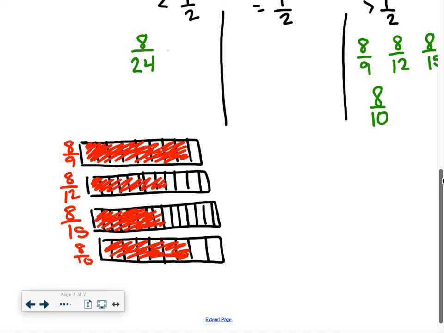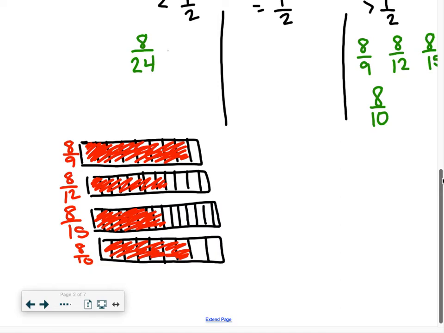Because he kind of confused me a little bit, but I know what he's saying. Now this is important. If you're not paying attention to this, you're going to make your life a whole lot harder throughout the rest of this unit. The smaller the denominator, the bigger that fraction is actually worth.